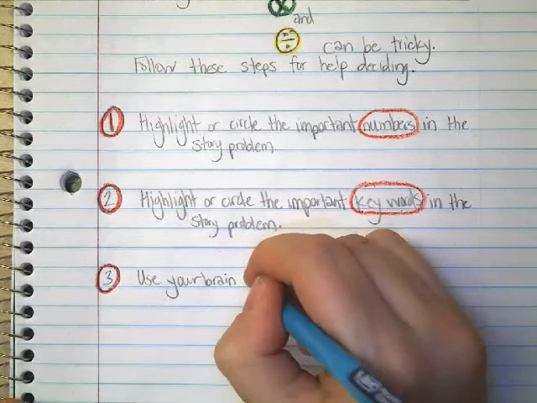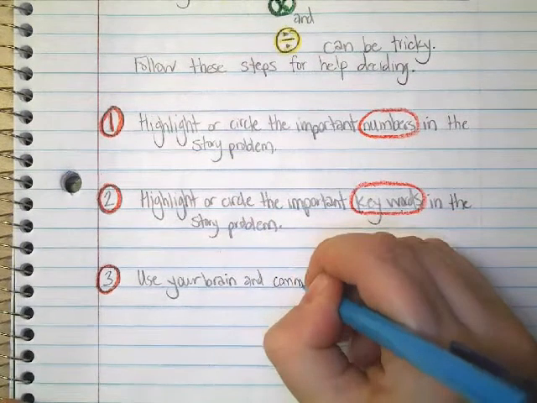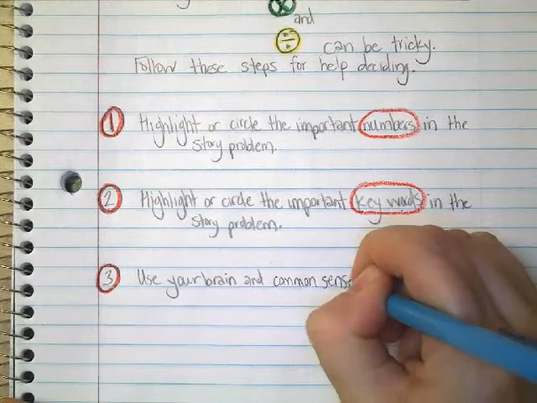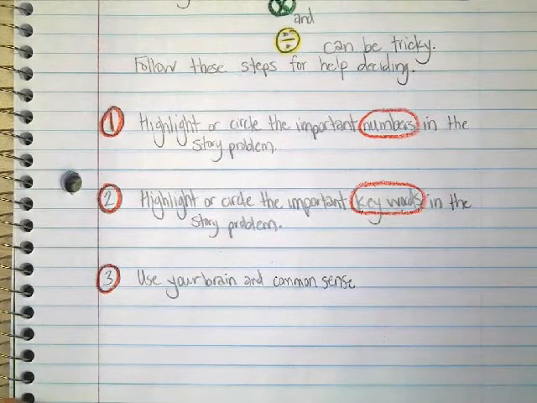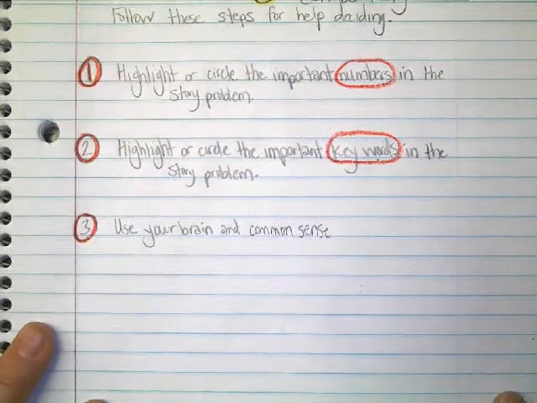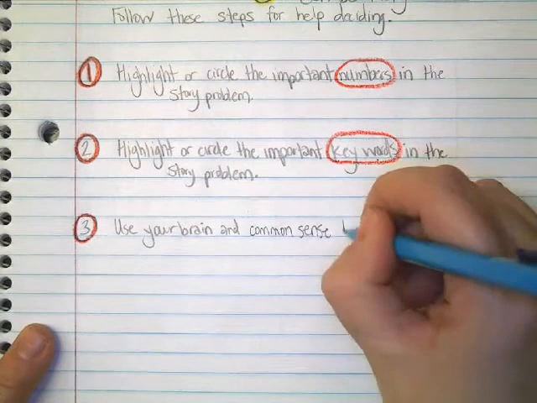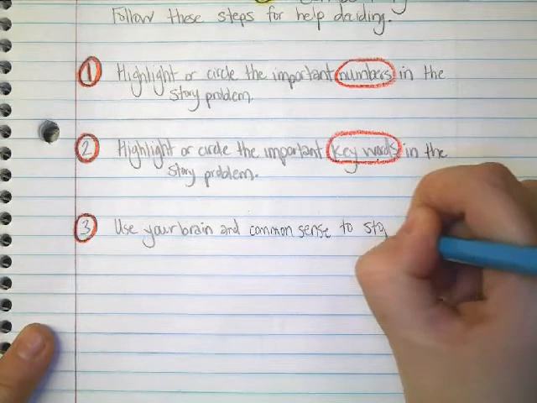I would say use your brain and common sense. Or that would also mean like your experiences or things that you've noticed or have happened to you. So use your brain and common sense to stop and think about what is really happening.